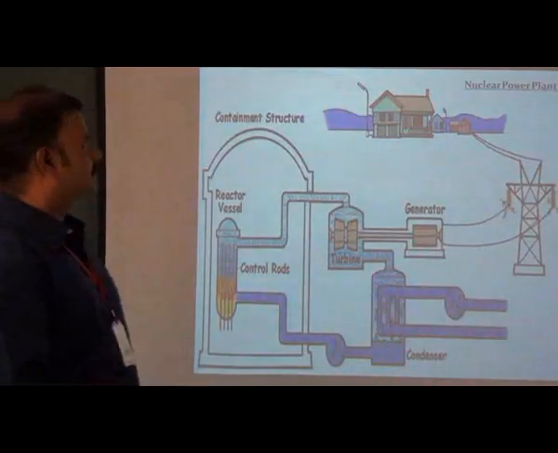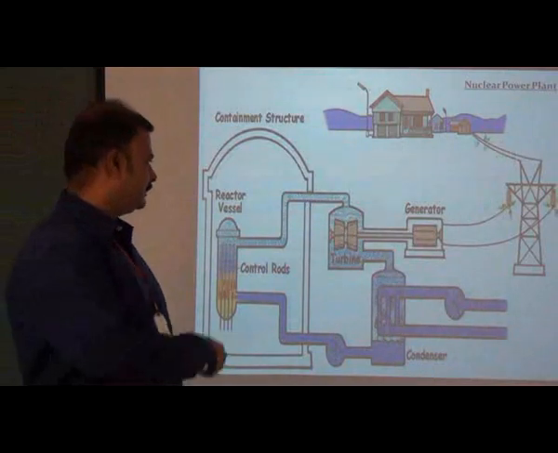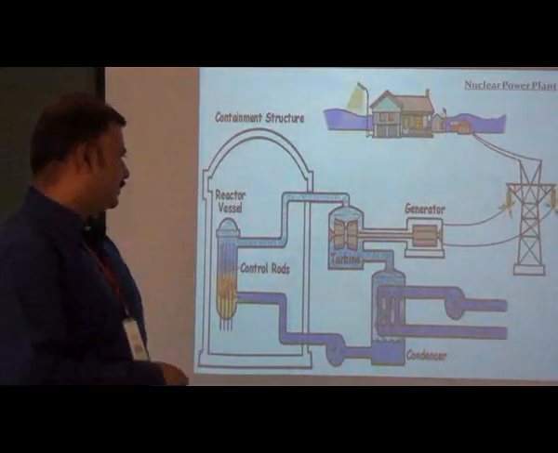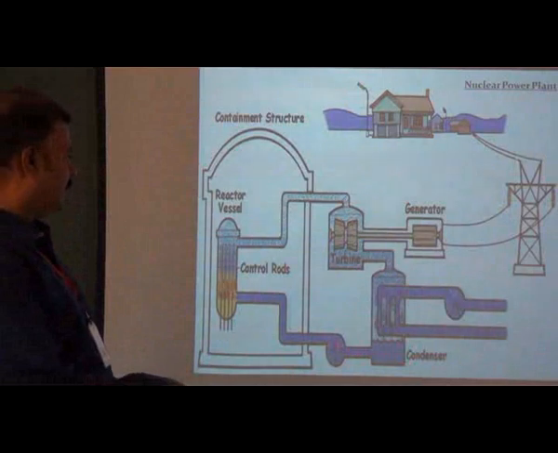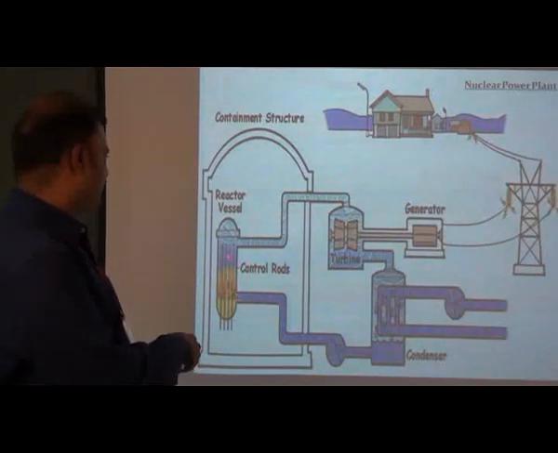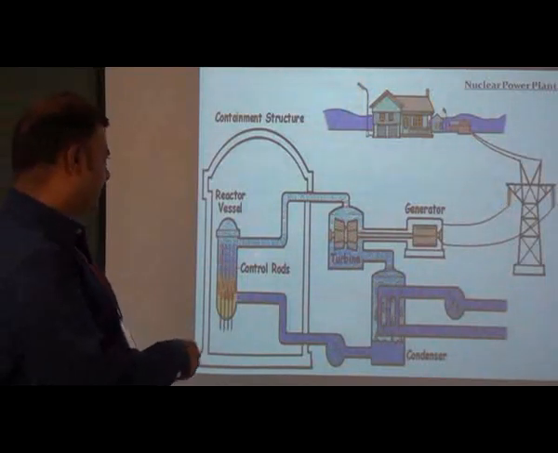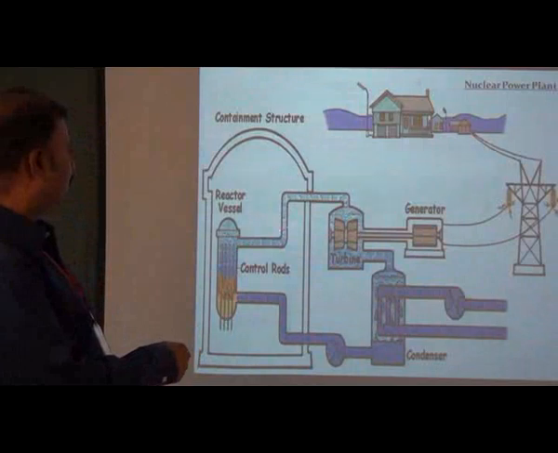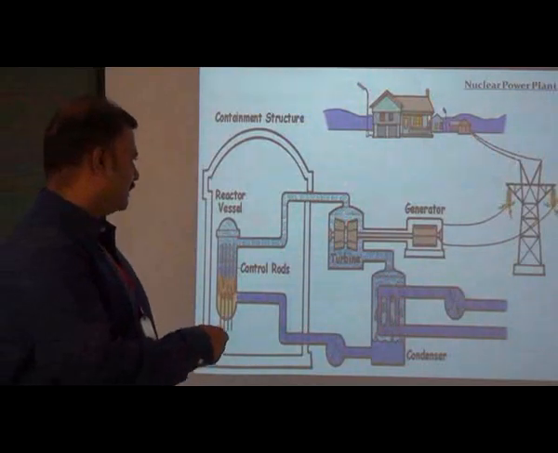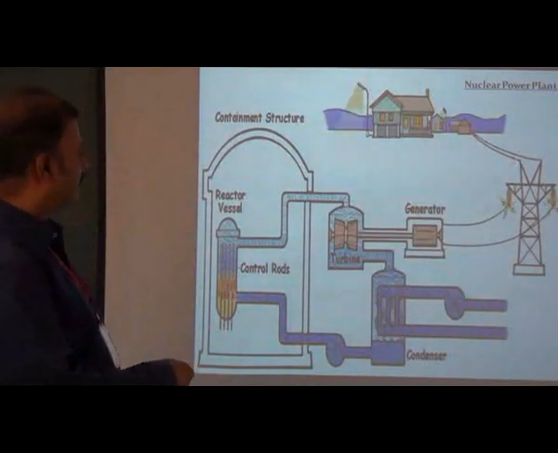So this is the animation picture of a nuclear power plant. This is a direct circulation. The coolant or hot water or heavy water which passes through the nuclear reactor is heated, and then the heated water is used to run the turbine. Here the water itself is converted into steam, and the steam is used to run the turbine.